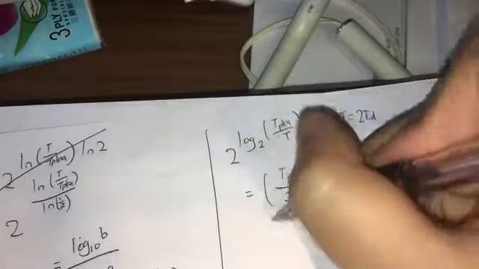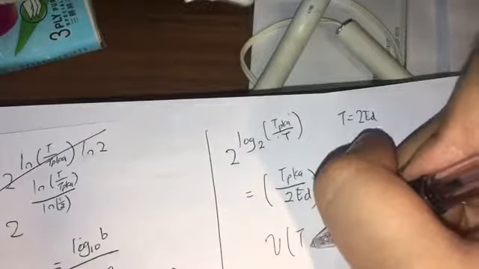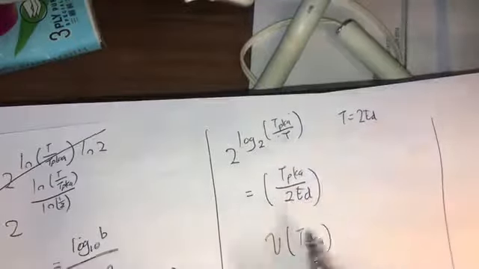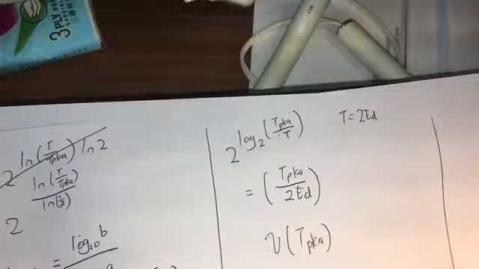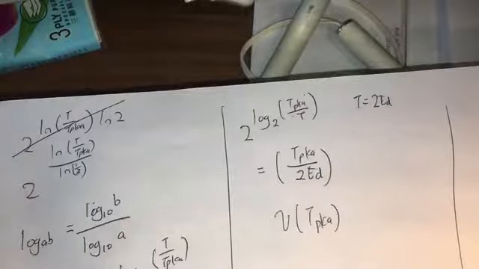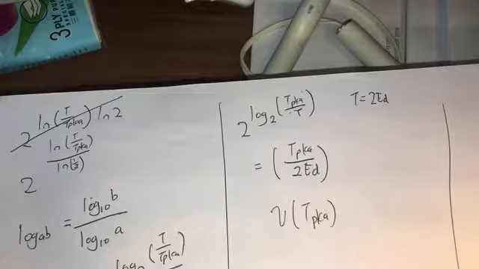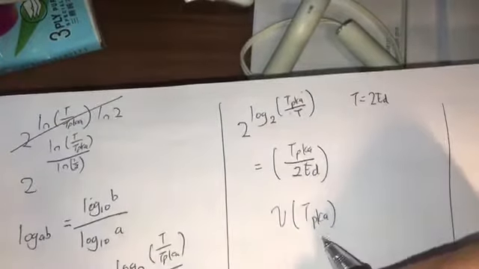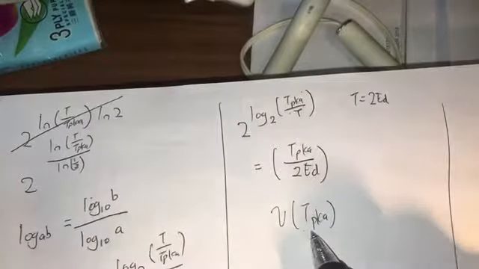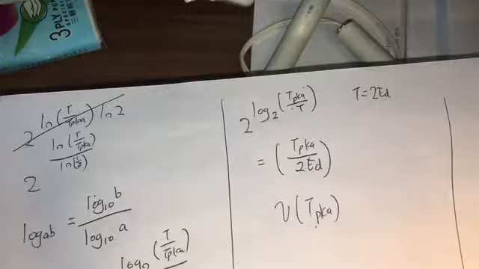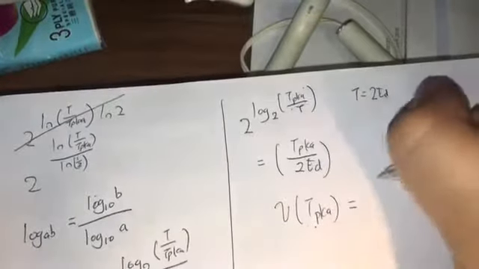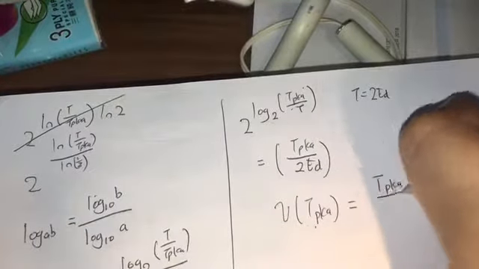Alright, so V, the number of displacements or number of vacancies, I'm just going to use the nomenclature V, based on the energy of the incoming pKa, that is equal to T of the pKa over 2ED.